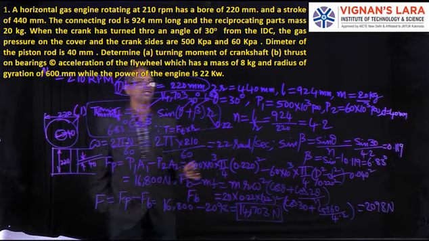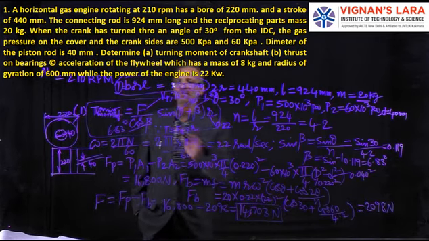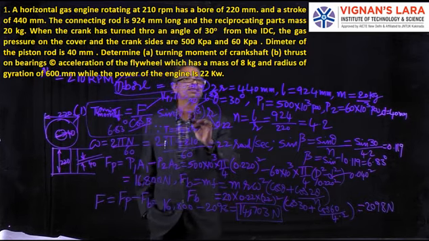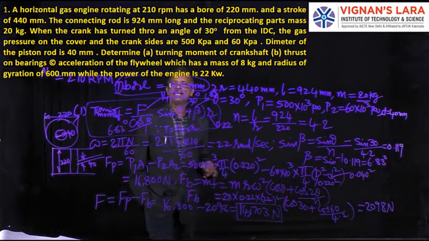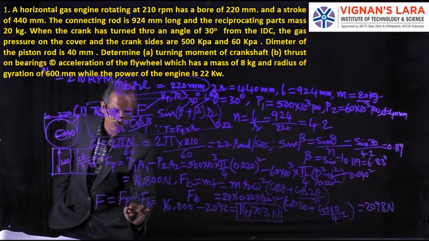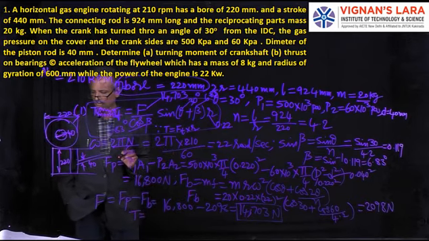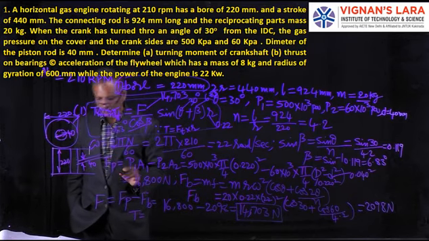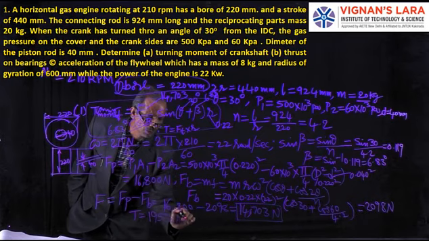So you substitute this data, F 14703, beta 6.83, and theta 30 degrees, and R 0.22. By substituting everything in that equation, you get your turning moment, or your turning moment is 1953 Newton meter.